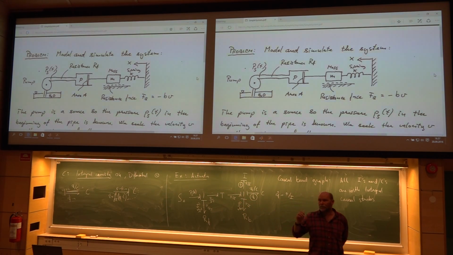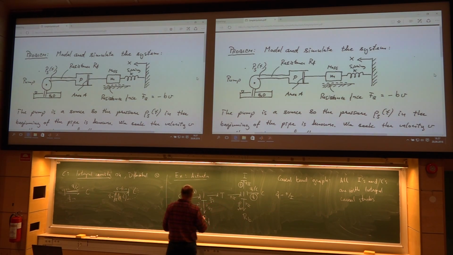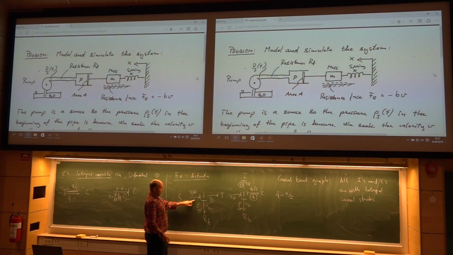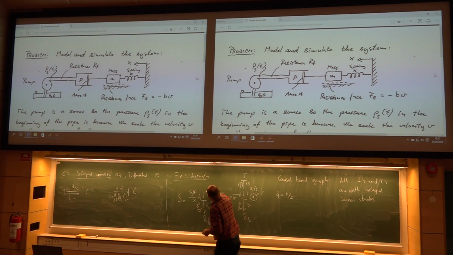Well, I can use the summation rule around one junction. I know the flow here, but I'm not interested in it, so I just put a cross. But I can find this effort. I know the effort here in. I know the effort here out. Then I can find this one. Now it's going to be narrow here, so I will put a coefficient A, and then down here I write A equals.